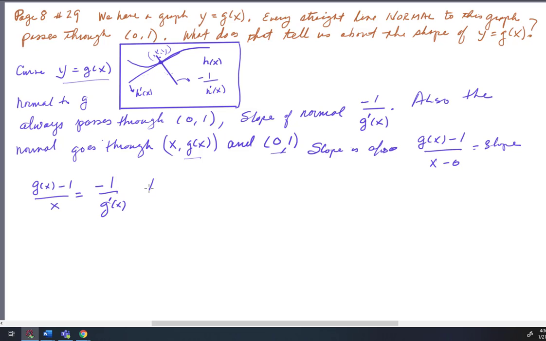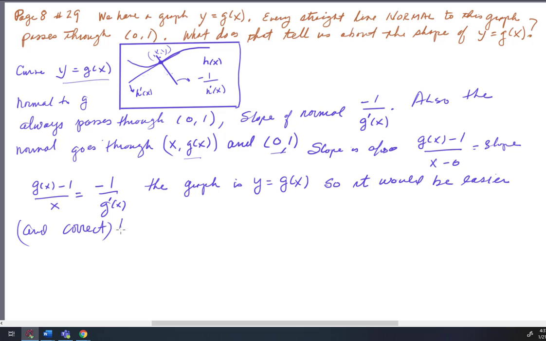Now, the graph is y equal g of x, so I'm going to propose it would be easier to replace g of x with y.